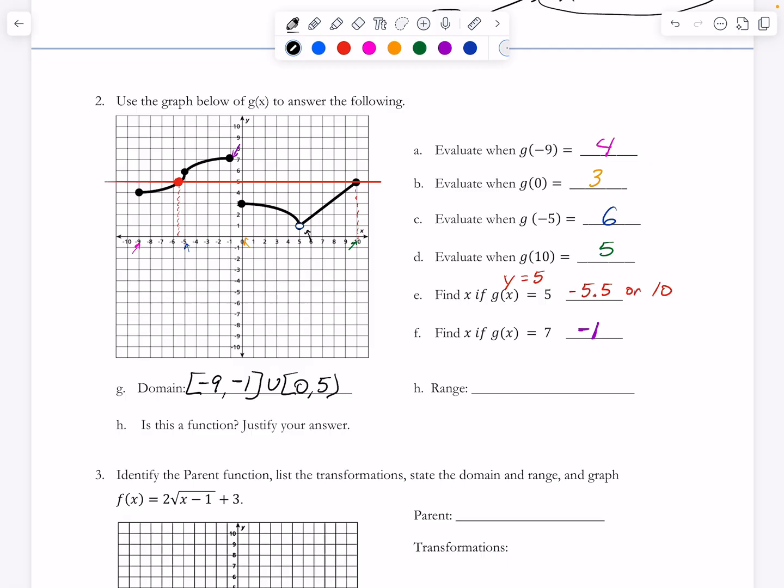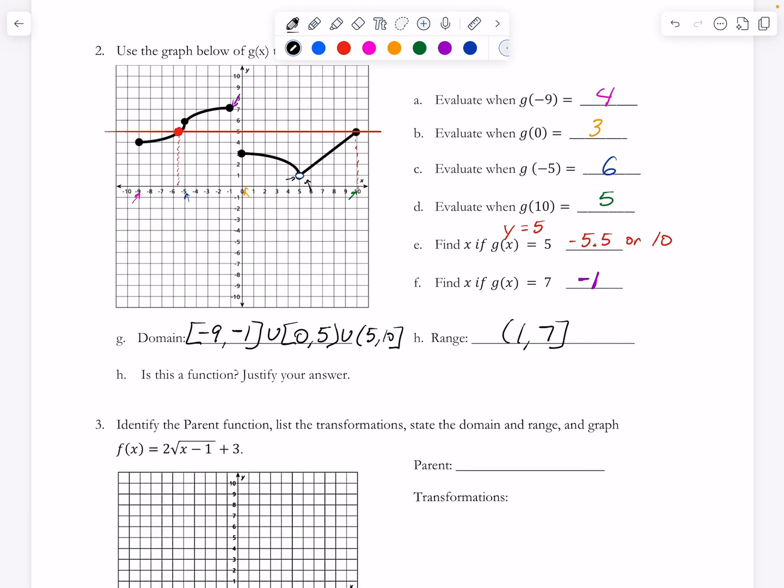So I need to do parentheses, union, start again at 5, and go to 10. All right, including 10. For the range, my lowest y value is +1, but we're not including it, right, because it's open. And then it looks like we have overlap here, so the highest y value is 7, and we're including it.